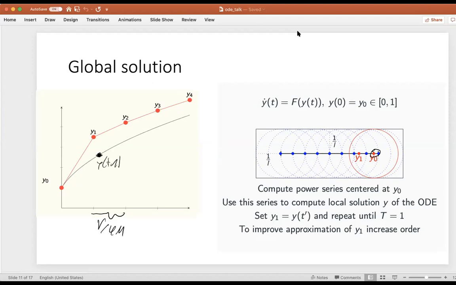What we still have to show is that it suffices to approximate so that this distance is 2 to the minus poly of n. And this is what we want to do now.